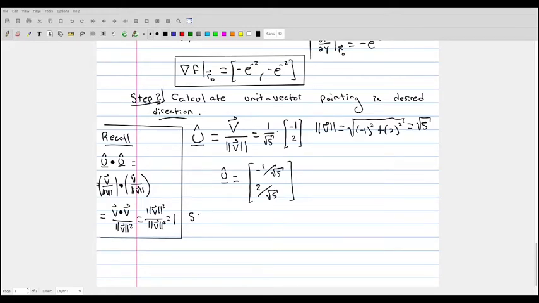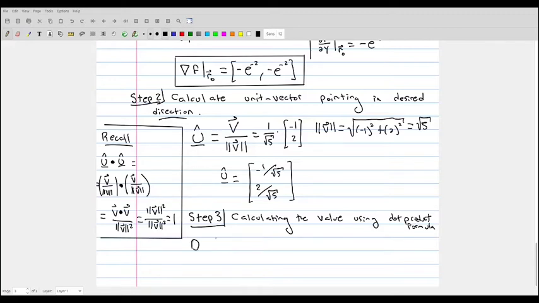And then our last step for calculating the directional derivative, step 3, involves just calculating the value using the dot product formula that we derived earlier. And this is done as follows.